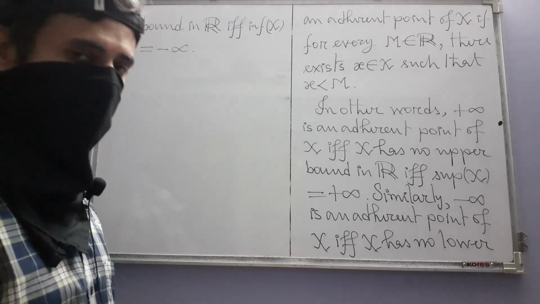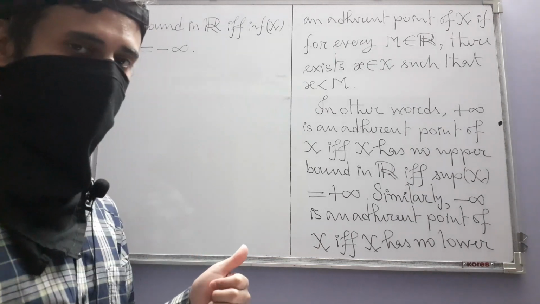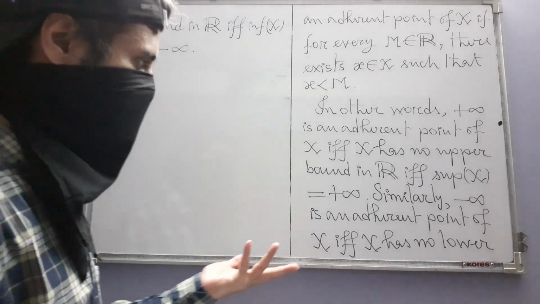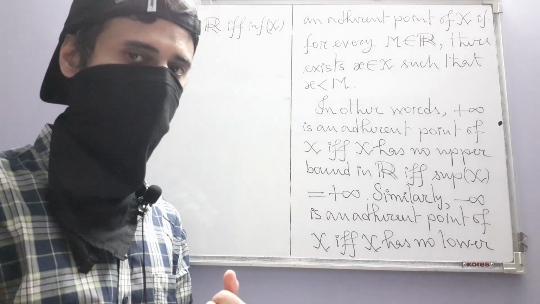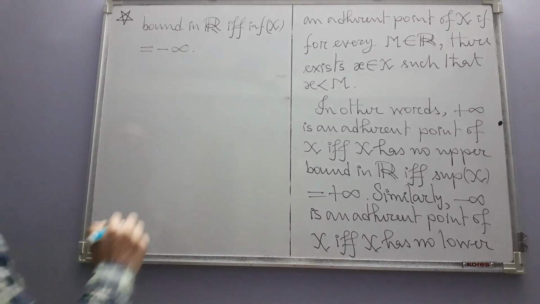Now let us make a remark linking this definition and the original one. Original one means we already have a definition for adherent points where those points are real numbers. So this is the remark.